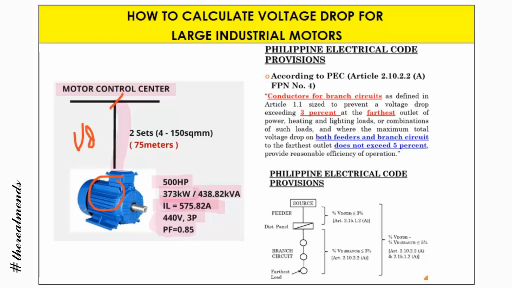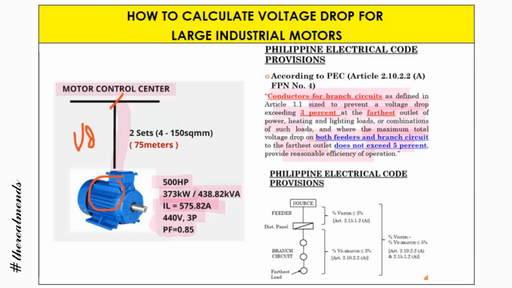Okay, but before that, we have PEC provisions that state that conductors for branch circuits are sized to prevent a voltage drop exceeding 3% at the farthest outlet for power, heating, lighting loads, or combination of such loads, where a maximum total voltage drop of both feeders and branch circuit to the farthest outlet does not exceed 5%, to provide reasonable efficiency and operation.